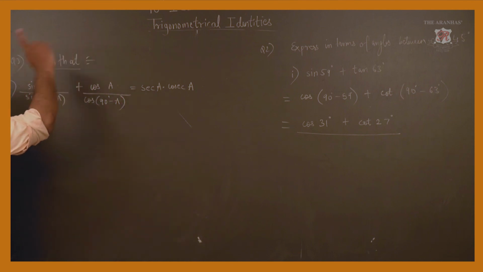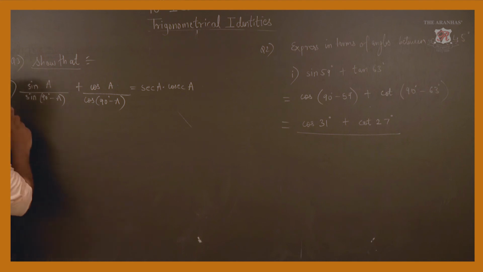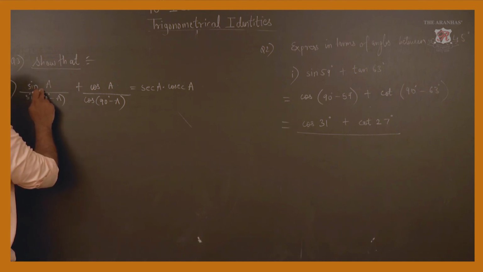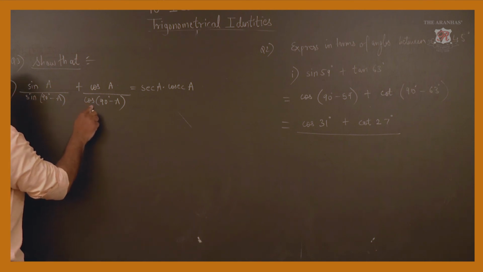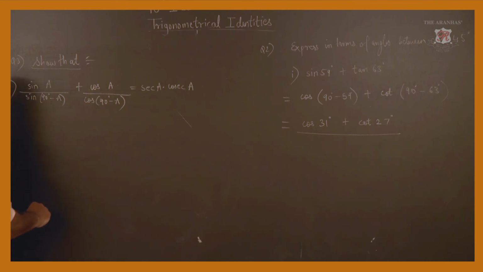How to do that? It will be very easy for us if, see, this is sin A, sin 90 minus theta is cos theta and cos 90 minus theta is sin. So let us do that.